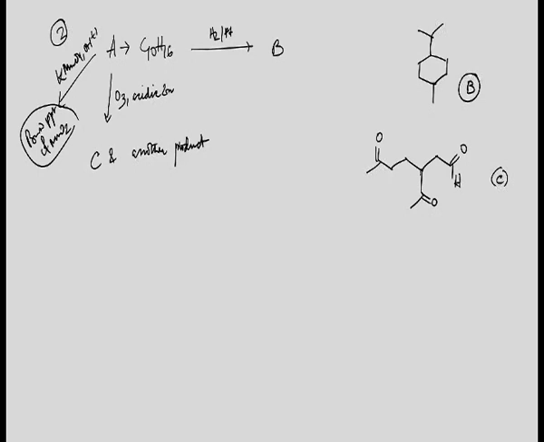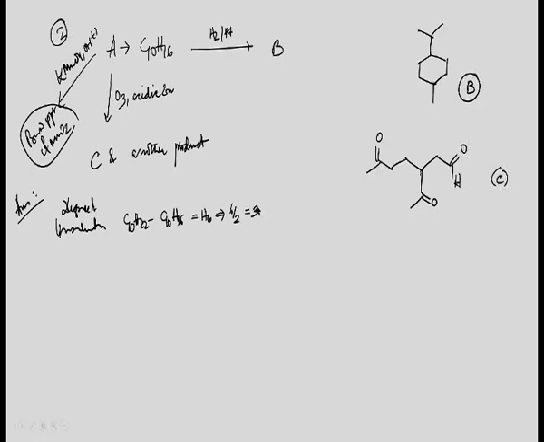So, here also the degree of unsaturation, similarly C10H22 minus C10H16 is equal to H6, and that means 6 by 2 is equal to 3.